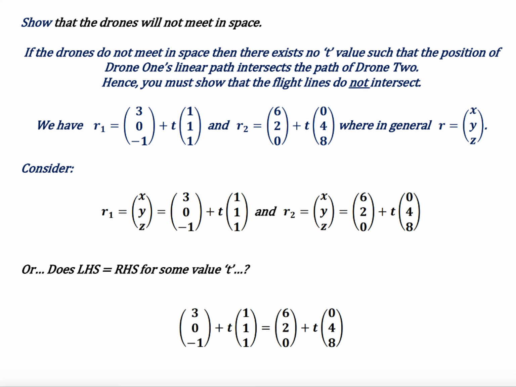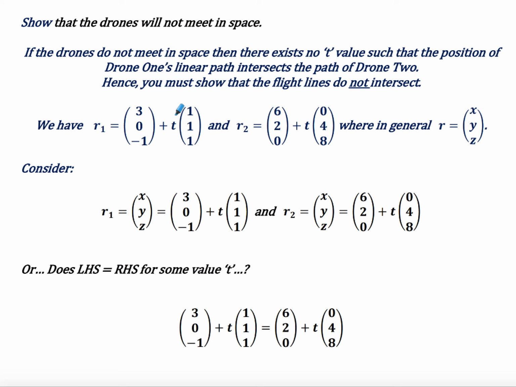Let's actually, for the first time, show that basically 2 lines in space, this is on a flight path that's linear in 3-dimensional space, and the second drone is also on a flight path that's linear. We've seen previously that lines in 3 space can cross. And we did that when we had a parameter here, maybe that was s, and this one was t, and we actually solved the system.